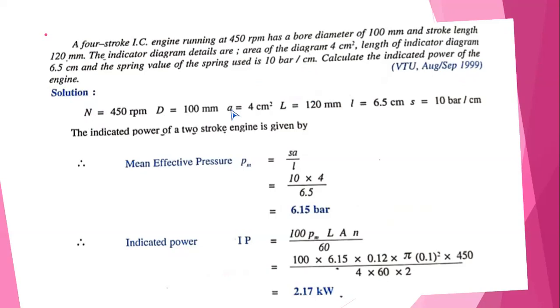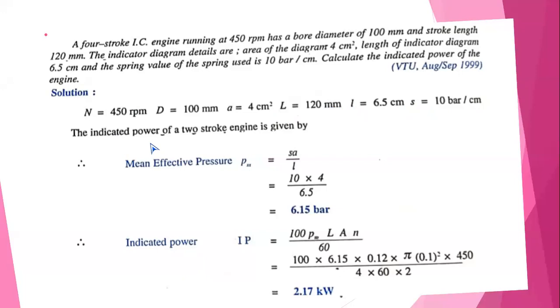The area of the diagram is 4 centimeter square. Stroke length L equal to 120 millimeter. Small letter l, the length of the indicator diagram, is 6.5 centimeter. S, the spring value, is 10 bar per centimeter.